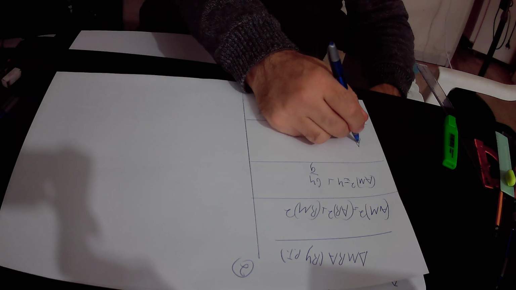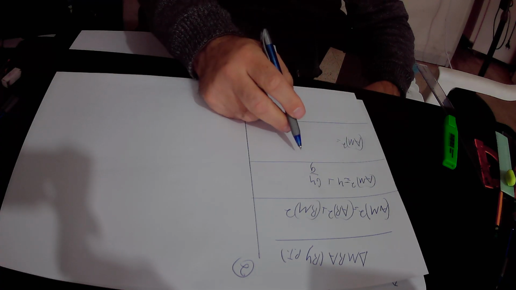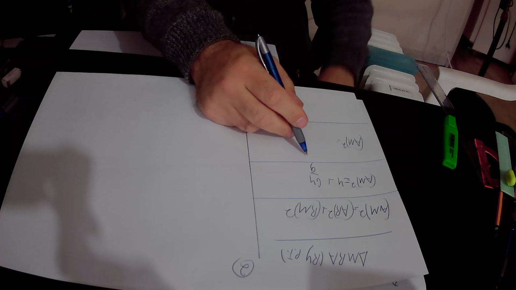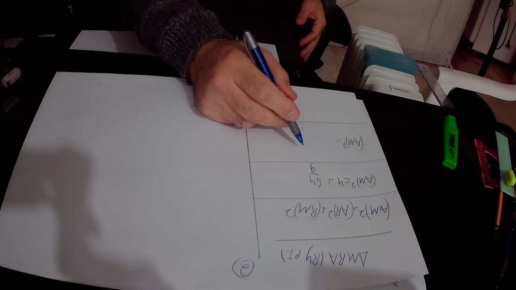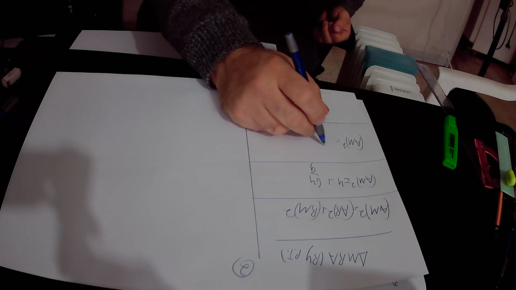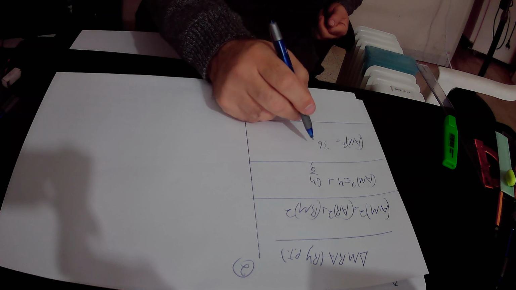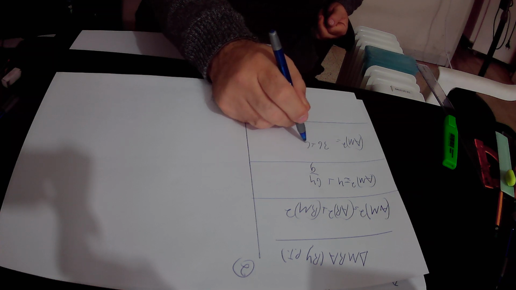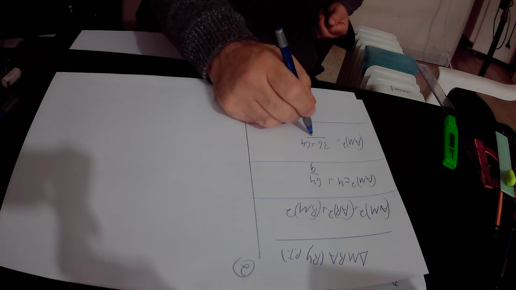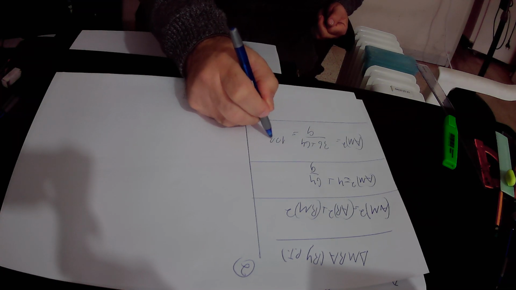So AM squared equals 4 plus 64 over 9. We multiply 4 by 9 and then divide it by 9 in order to become a factor of 64 over 9. 4 times 9 is 36, so in total, in the numerator of this expression, we will have 36 plus 64 divided by 9. 36 plus 64 is 100 divided by 9.